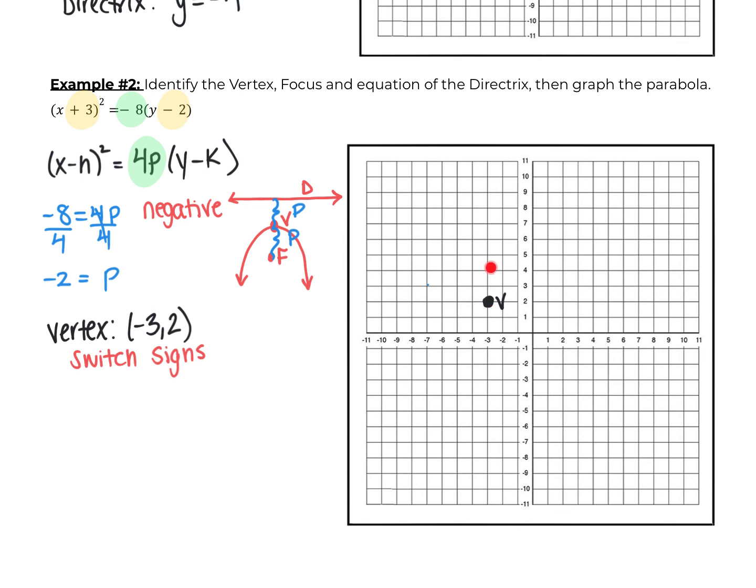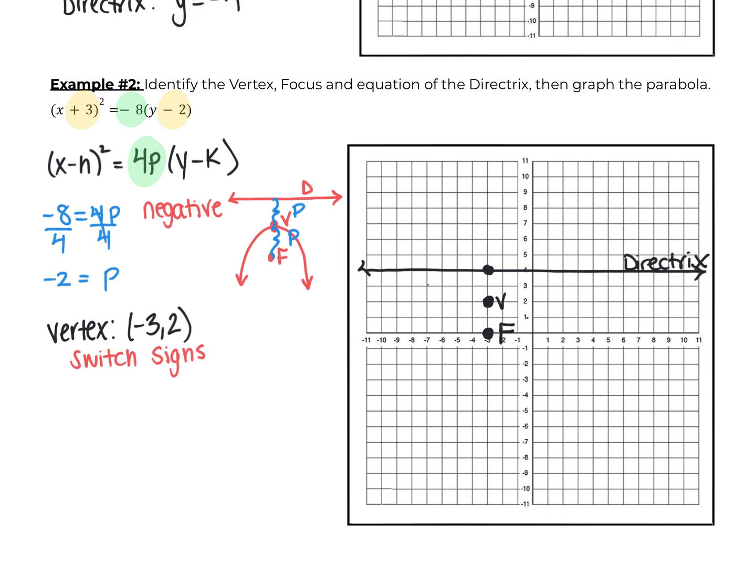So we're going to go up 2 values, and then we're going to go down 2 values. Now, since we have this scenario, this dot actually now is the directrix. So this dot's going to go all the way down and create an equation of my directrix. And this dot down here has to be my focus because it has to be inside the parabola.